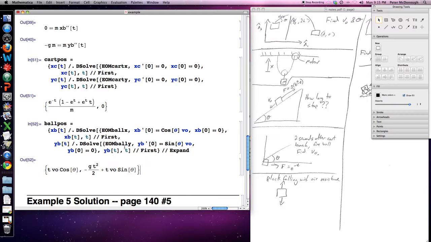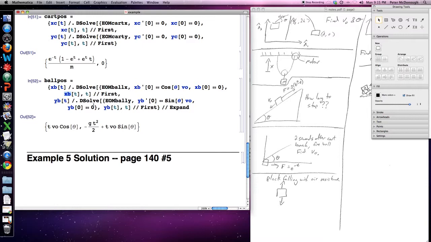So let's find solving this. All right. So I want to find v naught so these things actually hit each other. So I've got two positions here. I've got my cart position and I've got my ball position. Now remember, my ball is launched 2 seconds after my cart is launched. So that means that this time right here is actually different than this time here. And how is it different?